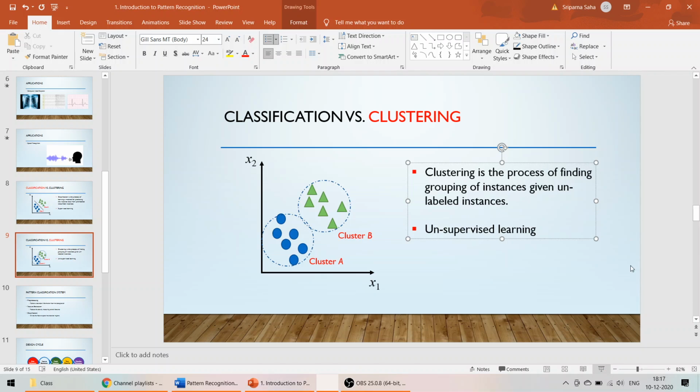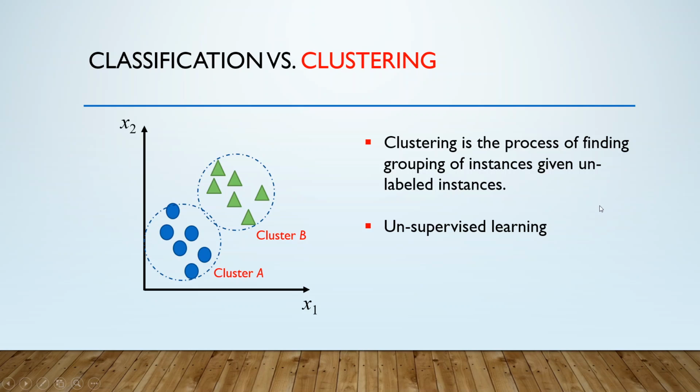Yes. So, clustering is the process of finding groupings of instances given unlabeled instances. It is also known as unsupervised learning. You have the instance values, and from those you have calculated some attributes, and the values have been plotted on the 2D surface.